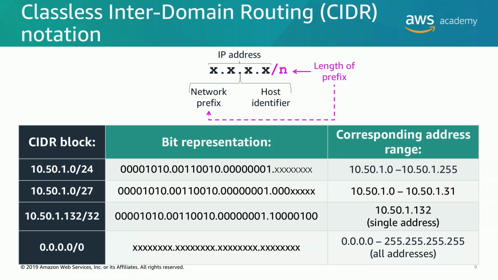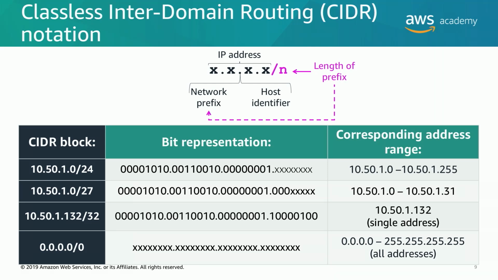An IPv4 IP address is a 32-bit number represented as 4 numbers separated by periods. Each X is an 8-bit number, or a byte, that can have a value between 0 and 255. The IP address is logically divided into a network prefix and a host identifier.